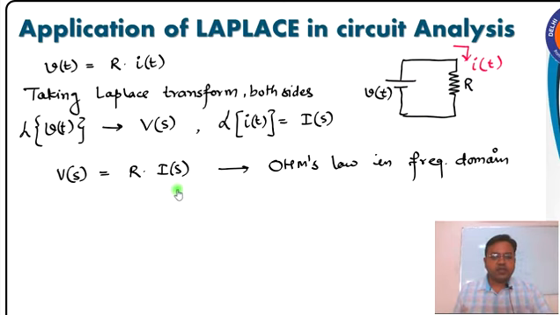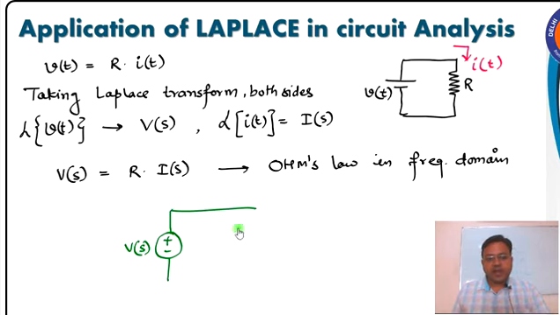It will have a voltage source V of s connected across a resistance R, causing a current I of s to flow into it.